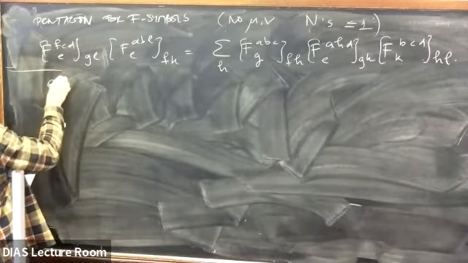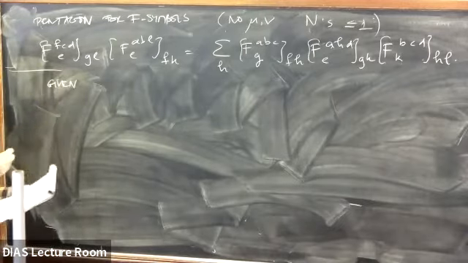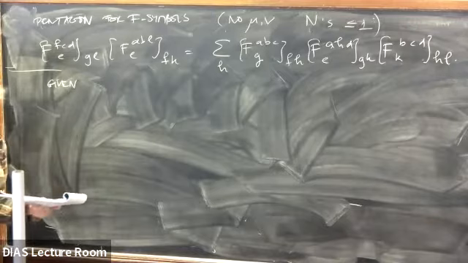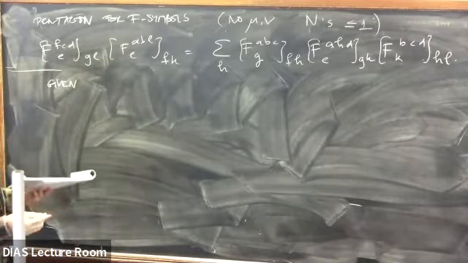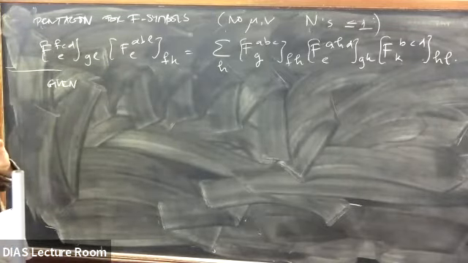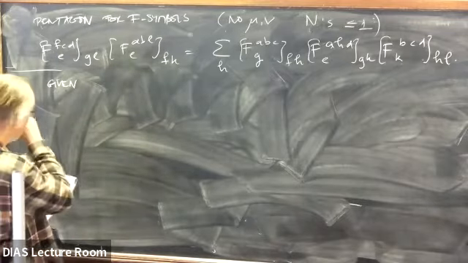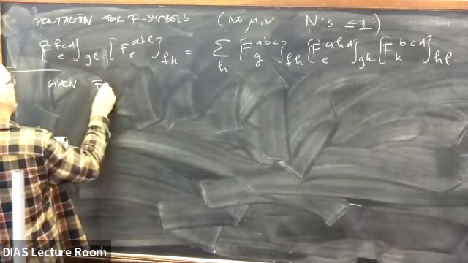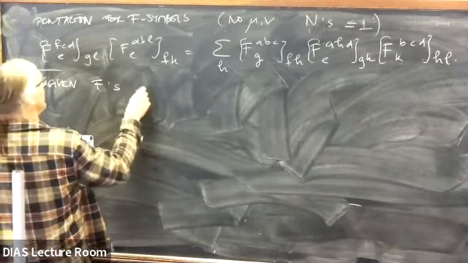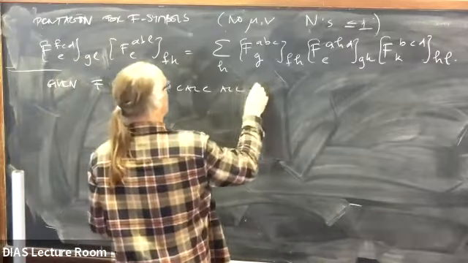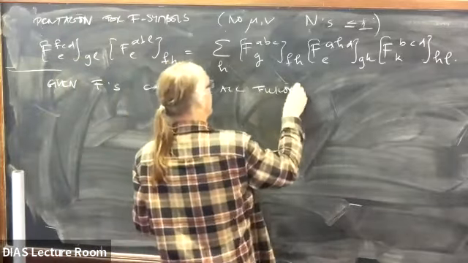In fact, these epsilons totally determine your fusion category. If you go back and find out all the structures of the fusion category, in the end it's just the same thing as saying, give me all the F symbols. So given the F symbols, you can calculate all fusion and splitting diagrams.